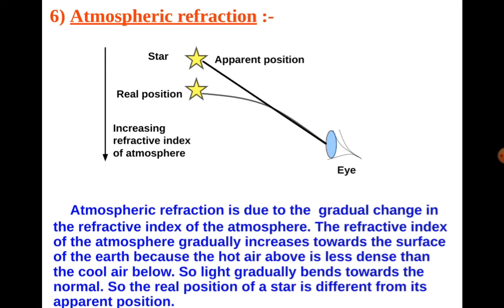The hot air looks like it is moving on the top, and it looks like something is fluctuating, right? And this is one of the phenomena we are going to learn here as refraction. Thus refraction of light rays due to the atmosphere having layers of air of different optical densities is called atmospheric refraction.